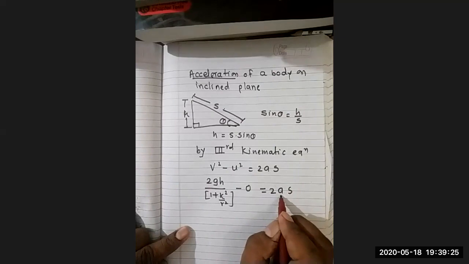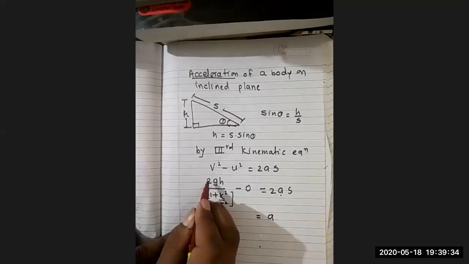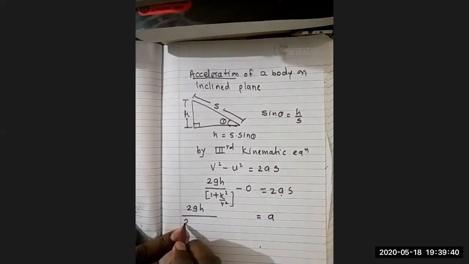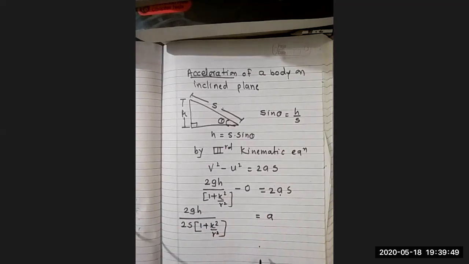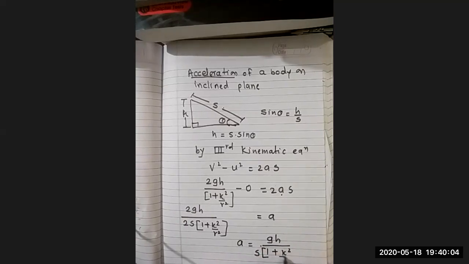Now we want to calculate acceleration, so keep acceleration on this side and take the 2 and s to the other side. So acceleration remains as it is, the 2 gh remains as it is, the 2 into s gets divided, and in brackets 1 plus k square upon r square remains as it is. These two will get cancelled. So acceleration will be equal to g into h divided by s into 1 plus k square upon r square.